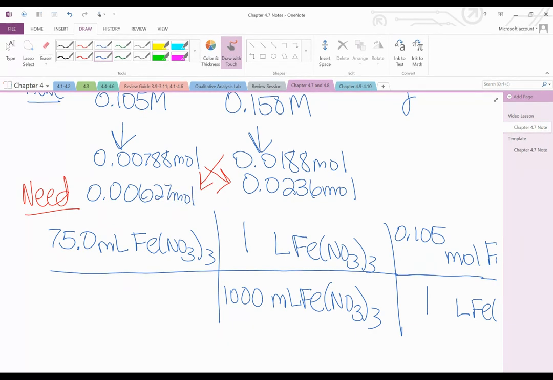And so you can see I have excess of the iron 3 nitrate.